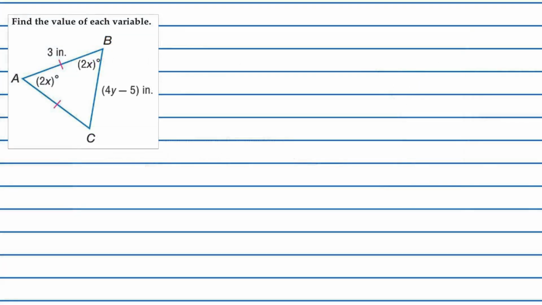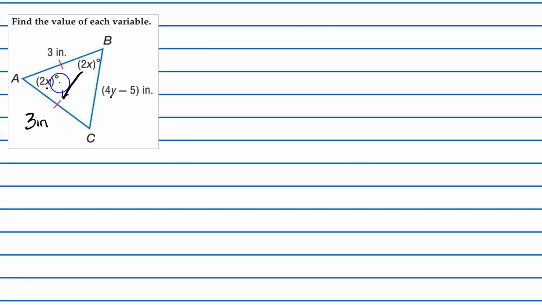Now let's go ahead and find the value of each variable. Let's look at this example here. This side is congruent to this side. Let's first say that's 3 inches. Notice we're trying to find x, and we're also trying to figure out what y is. These are our two variables which we're trying to find. One of our theorems is saying that if we know this angle, it also matches up with this side here.